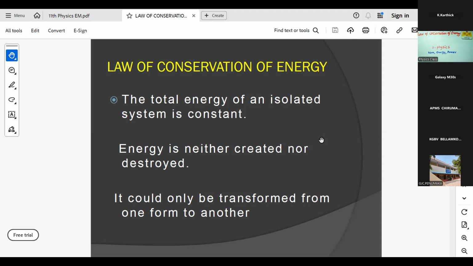Energy is neither created nor destroyed. So you cannot create or destroy energy. It can only be transformed from one form to another. This is the definition for the law of conservation of energy. It's clear.